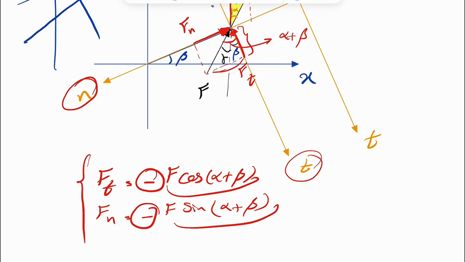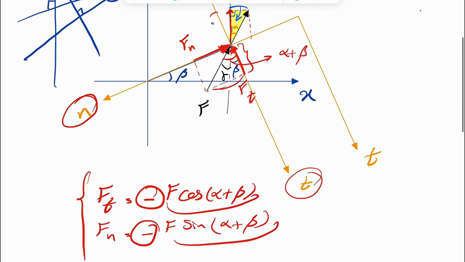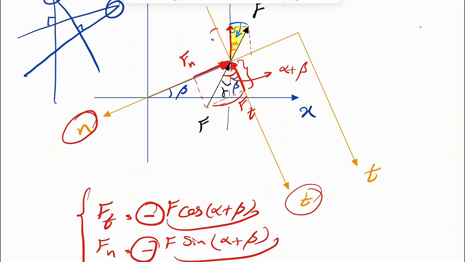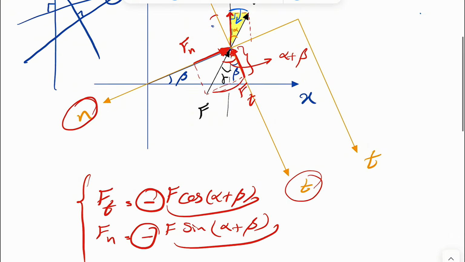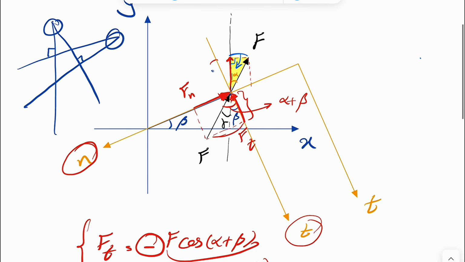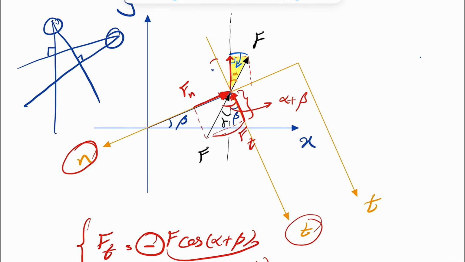So you can see sometimes we are dealing with different axes. It's not necessarily x and y. Then again, if we have the angle with x, it will be cosine, and if it's with the y-axis, it will be sine. So it's worth mentioning to always go for adjacent and opposite. If you see your component is adjacent to that angle, it's always cosine.